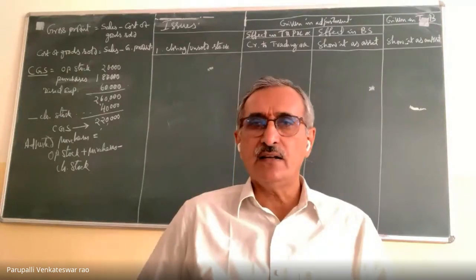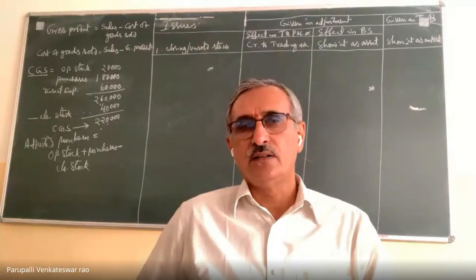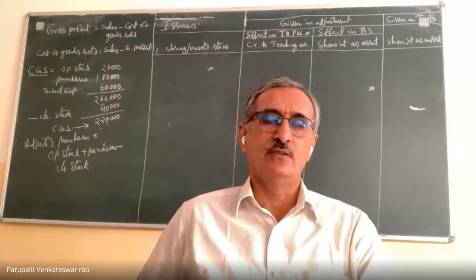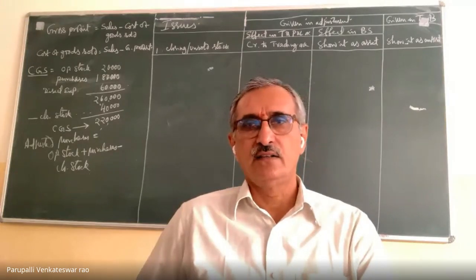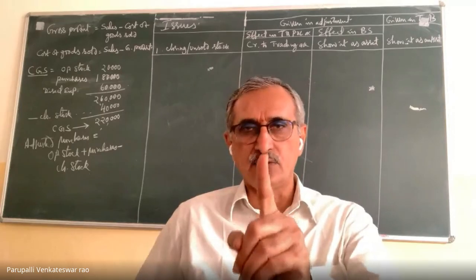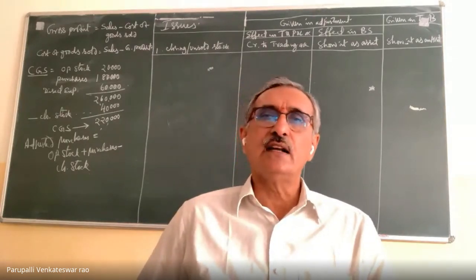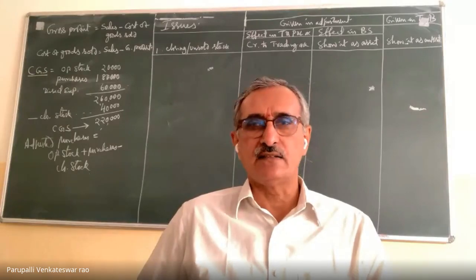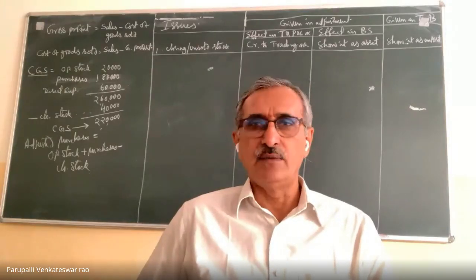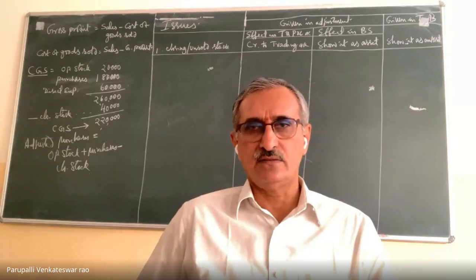At the end of the year, some goods which you have purchased might have been left unsold. That is called closing stock. The entry for closing stock, later I will give you the entries. Just listen to me. Closing stock is an asset, debit balance. Closing stock account to trading account.